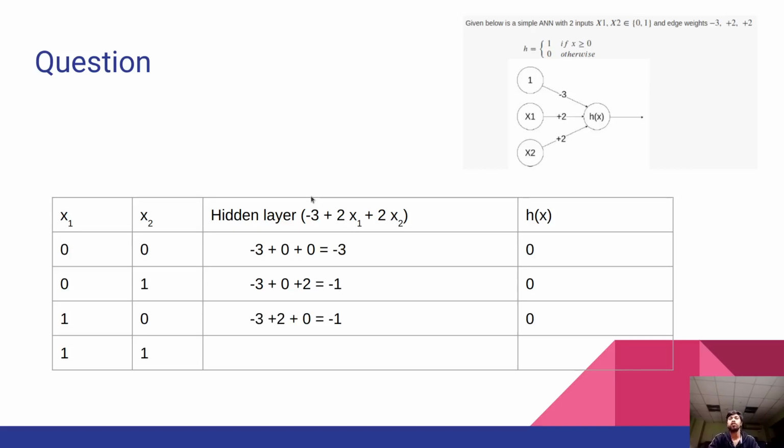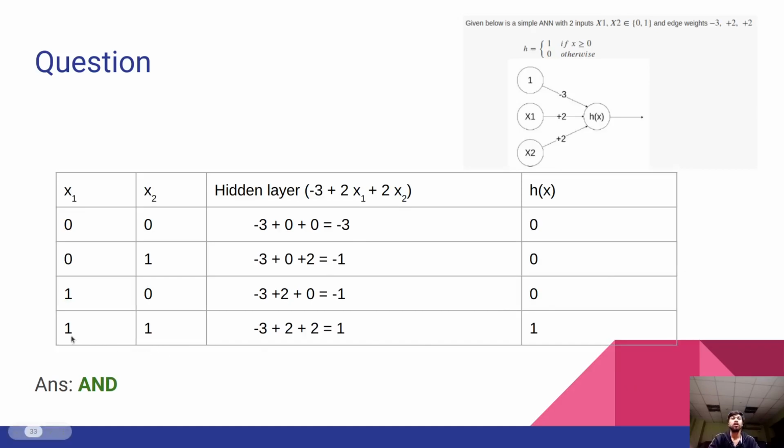Again minus 1 is not greater than or equal to 0, so it is 0. Similarly here also, minus 3 plus 2 into x1, x1 is 1 here, so 2 into 1 is 2, and here it is 0. If we add them, minus 3 plus 2 equals minus 1, and again it comes under otherwise, so it is 0.